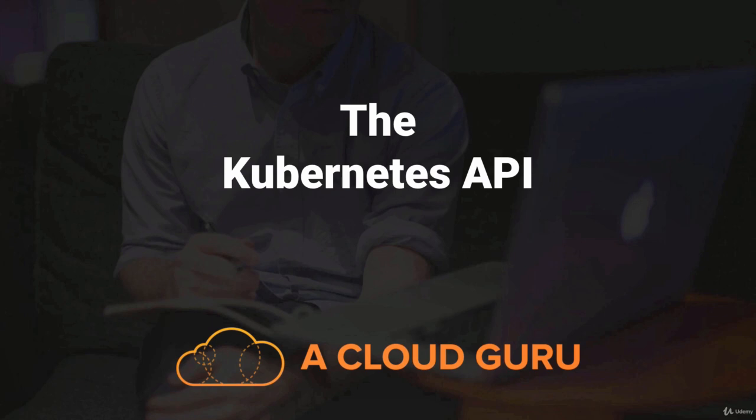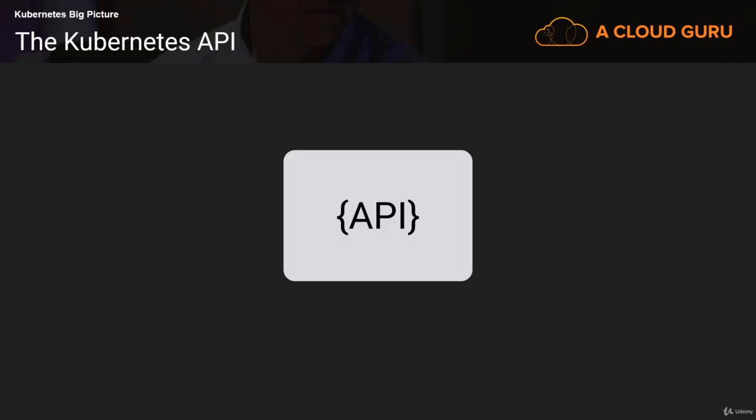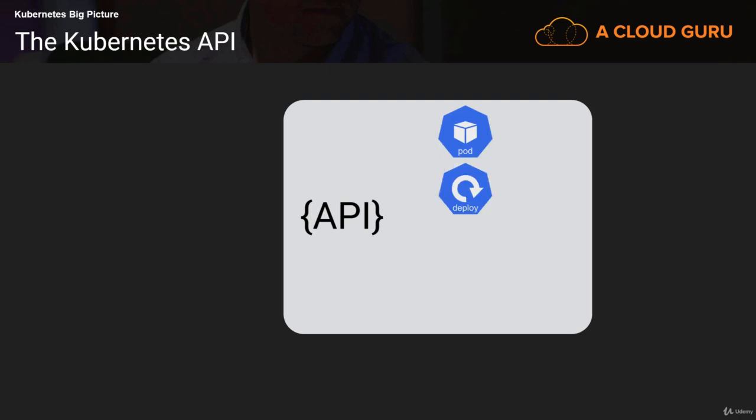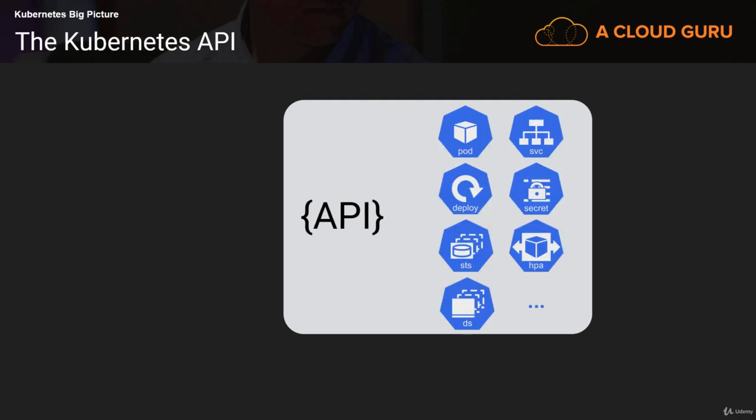Okay, so the Kubernetes API is where everything in Kubernetes is defined. Make sure that registers. Everything we'll be working with throughout the course is gonna be a resource that's defined in the API. Pods, deployments, you name it, they're all resources in the API.